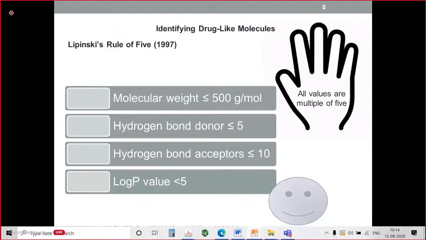Therefore, he suggested that if a molecule is not obeying at least two rules, it is not worth carrying forward, because a lot of effort is involved later in the pharmacological screening. So at least two rules must be obeyed by a small molecule to be drug-like. If all four are obeyed, it's well and good.